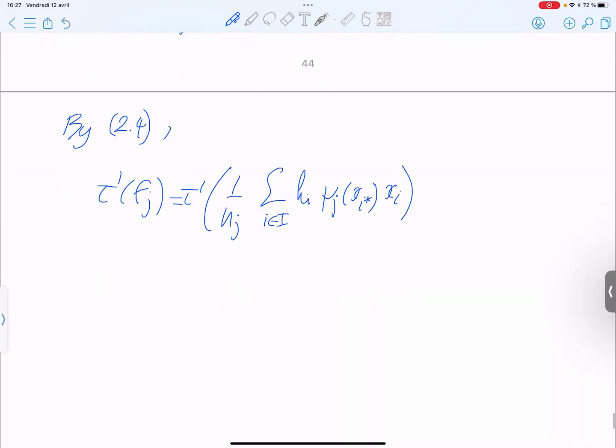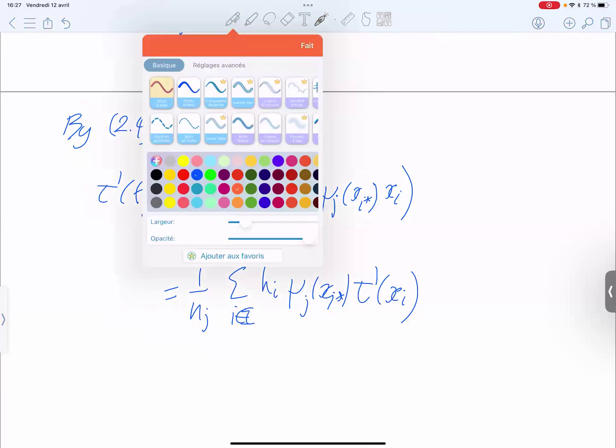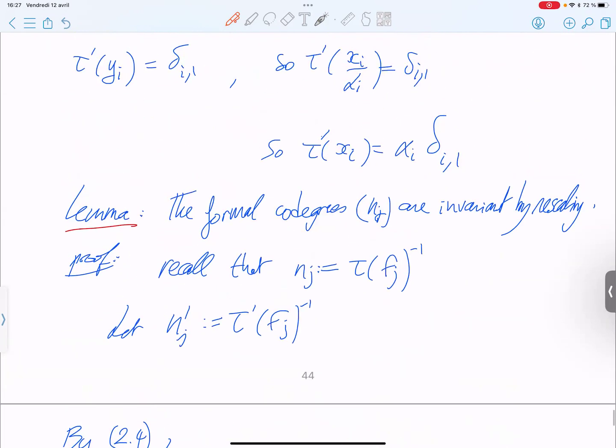So we develop by linearity, you get that h_i mu_j xi star tau prime of xi. But this is nothing. This is equal to alpha_i delta_i1, as we mentioned here.